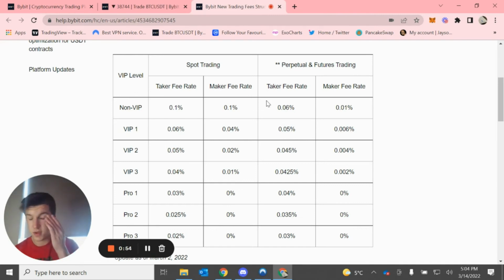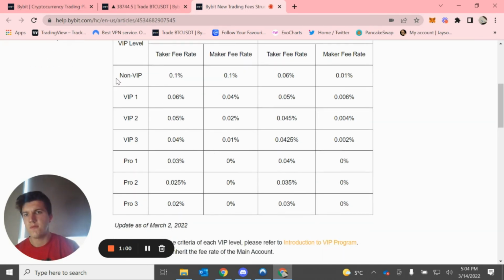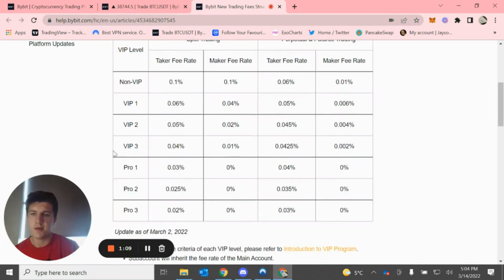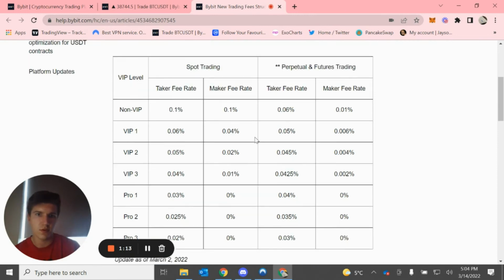And so they just kind of go back and forth between the two. And this is for spot trading. And so VIP level is really based on how much money you have in the exchange. So it changes the fee structure really.